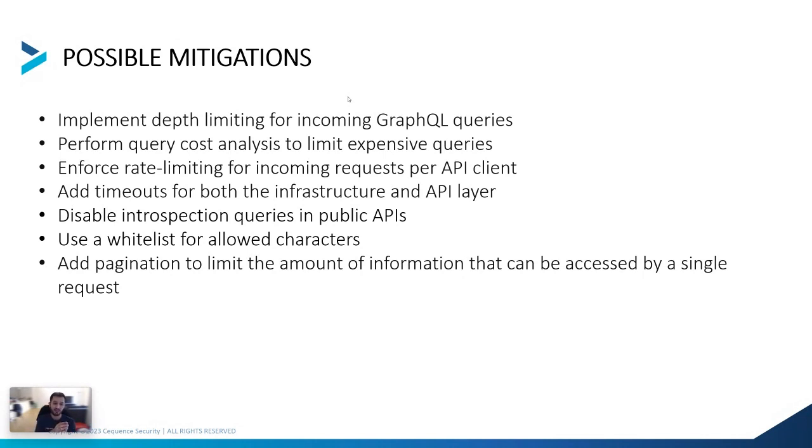Using a whitelist for allowed characters. This mitigation will help you out with the injection attacks. GraphQL is vulnerable to command injection, SQL injections, and even XSS injections as well. Now just imagine you have the XSS injection along with the mutation query that you have enabled for public use, then I could just put out the XSS payload. And if your page is vulnerable, it could be an impactful stored XSS vulnerability, right?